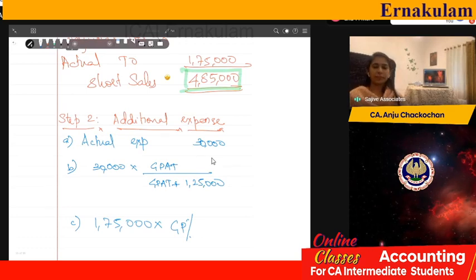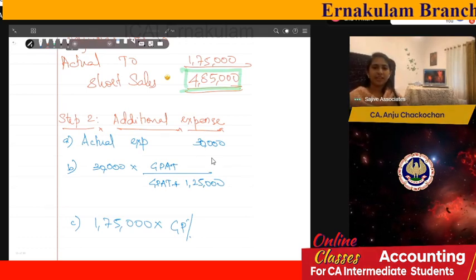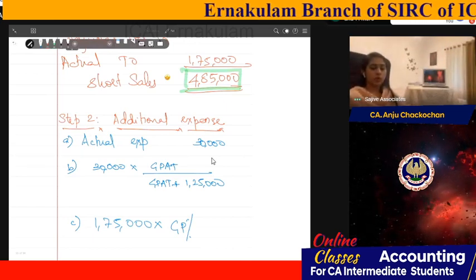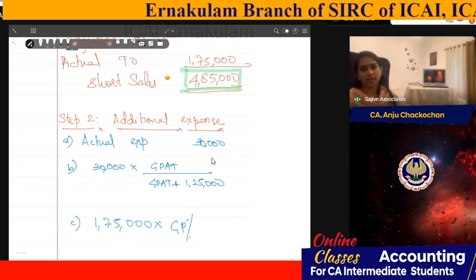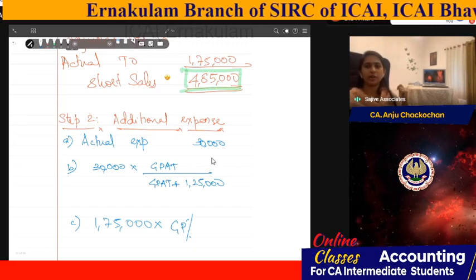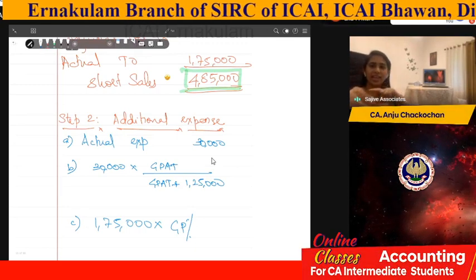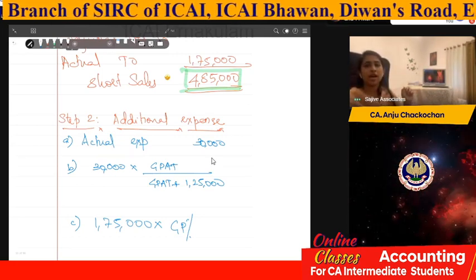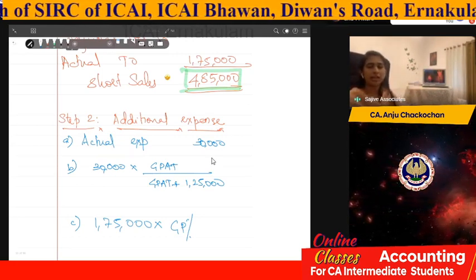Actually, you have a two plus one step. You'll have to compute GP percentage, then compute adjusted annual turnover, and then apply GP percentage on adjusted annual turnover. You will get your GPAT. Make it fast. Yes, calculators.